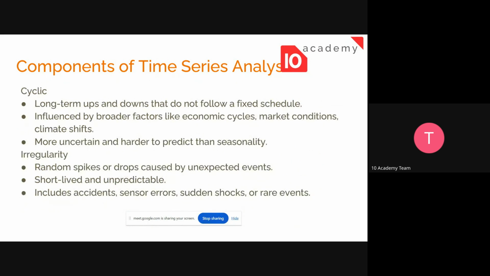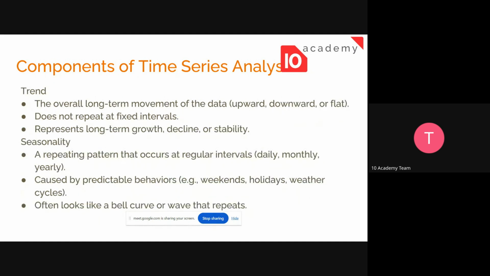The next one is cyclic. Cyclic is long-term ups and downs that do not follow a fixed schedule. It's influenced by broader factors like economic cycles, market conditions, and climate shifts. It's more uncertain and harder to predict than seasonality. With seasonality you can know when it's going up or down.